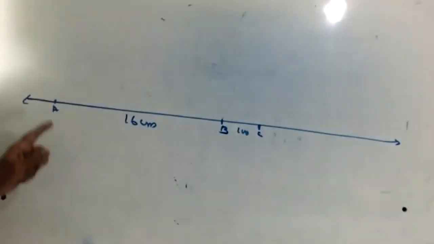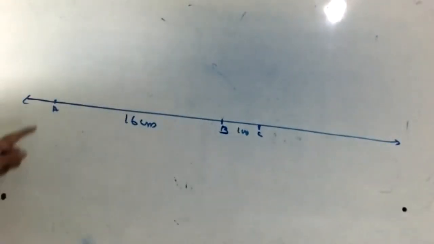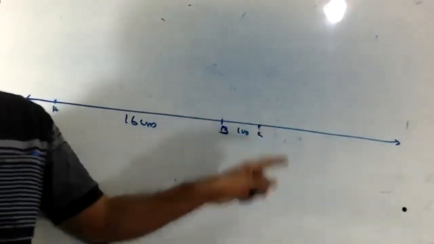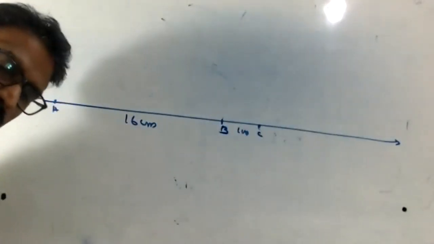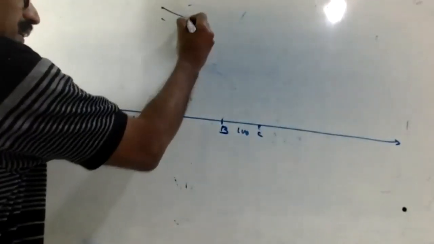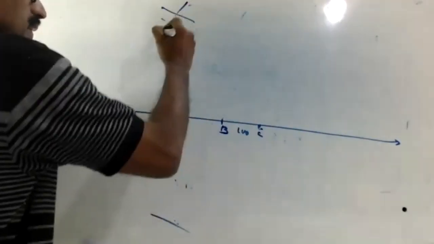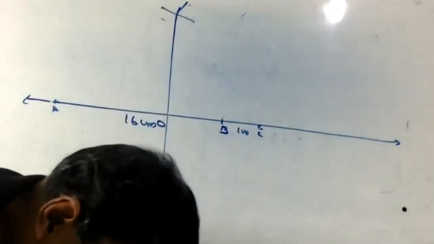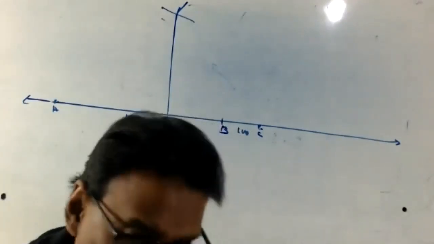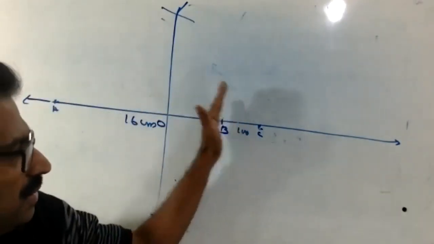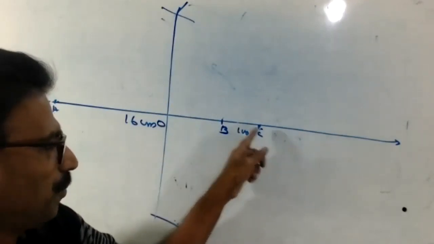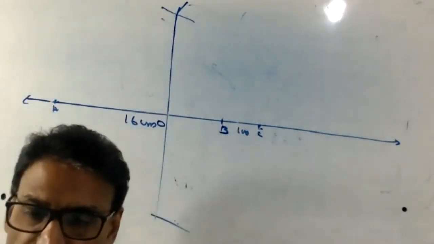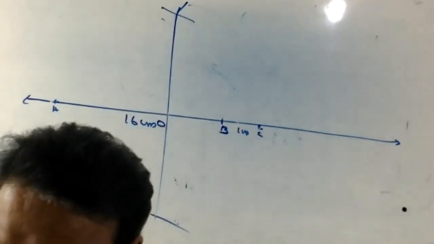Then step number 3, draw the perpendicular bisector of AC. It is quite difficult here, compass, very big one. Arc here, arc here, arc here. So this point is O. That means exactly 8.5 centimeter. This part OC is 8.5, here also 8.5. It's a midpoint. Is this step okay or not?